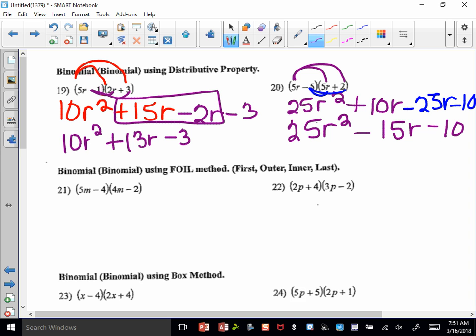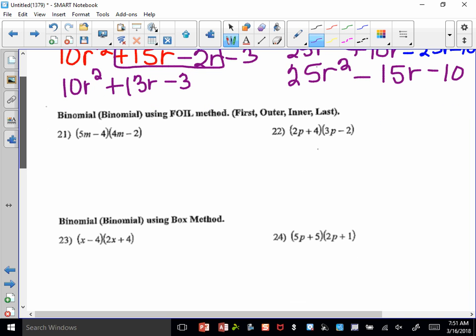Okay. So 21, 22, and really the other, there's another method called the box method. If you want to look that up, that's fine. But really, all you're doing is distributing in a box versus in parentheses. Okay, so basically I just go over distributive property.